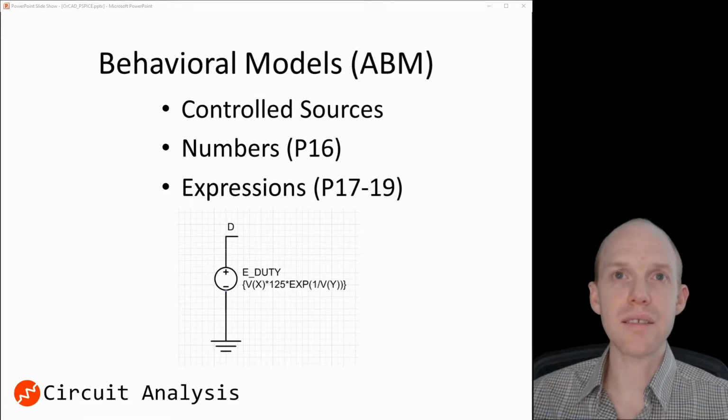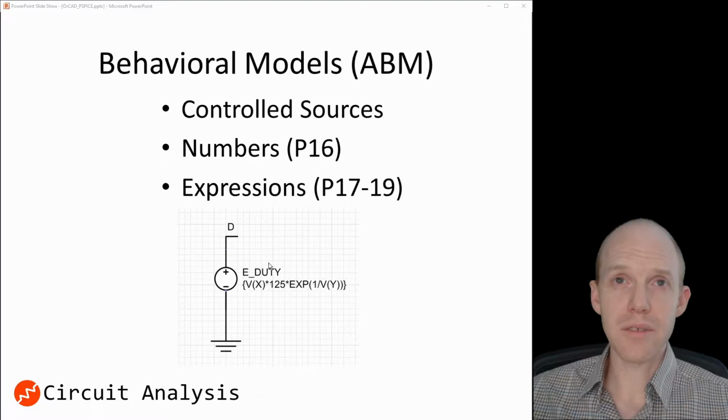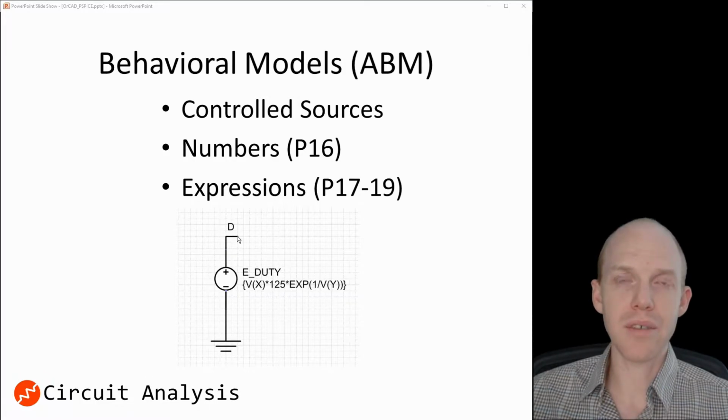And since you can define their voltages and currents with an equation, that allows you to do what's called behavioral modeling, or analog behavioral modeling, ABM. And what that is when you use a controlled source to model something behaviorally that's not necessarily a discrete part. So here is an example of what you might do if you're linearizing a power converter and you want to model the PWM chip creating a duty cycle.